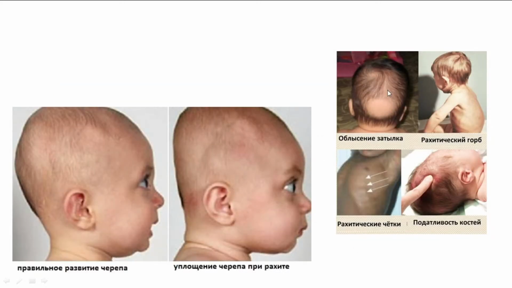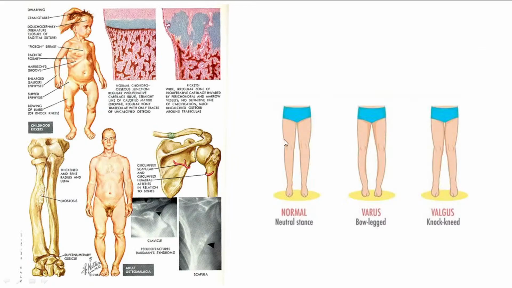Look at this: alopecia, deformation of the bone, softness, rachitic rosary, deformation of the skull, normal legs, varus forms, valgus forms, and these are just other variants. This is childhood rickets, and it is not the same as adult osteomalacia.